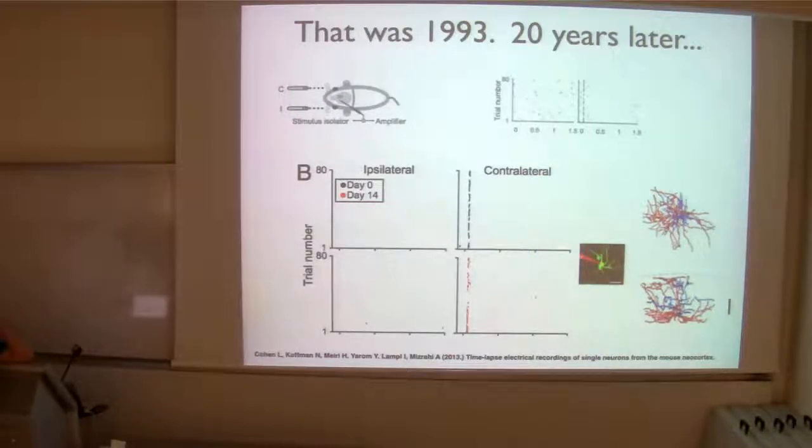Now, in this case, this is just a control figure to show that the electroporation of the GFP did not do anything to the neuron, because it's not responding again to the ipsilateral, and it's responding very similarly to the contralateral. So this is just a control, but you can now imagine what other things you can do with it.